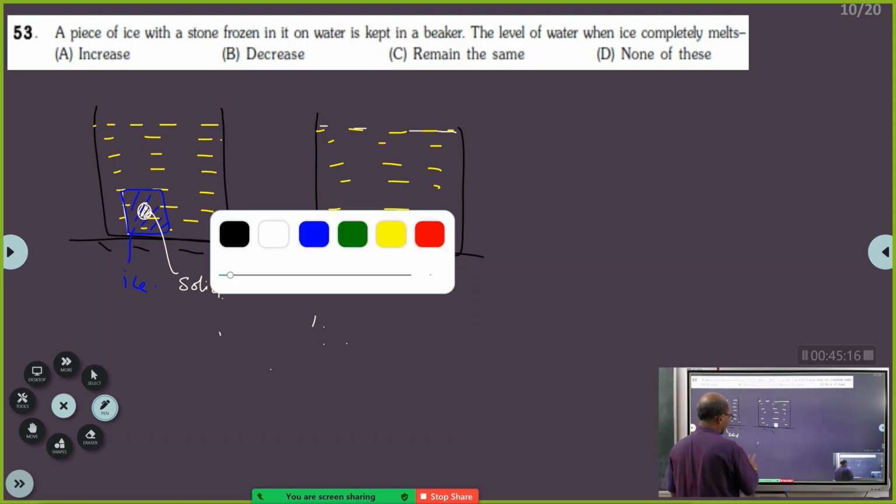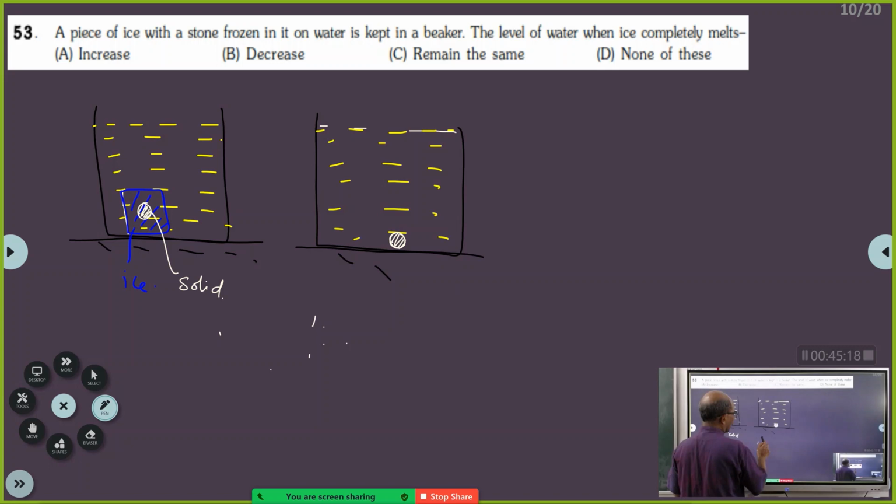So if I am to understand this problem, I will now separate these two things out. So what I have basically done is, I have taken the ice part and the solid part separated to begin with. But the volume of the ice is the same. Whatever ice volume is there, the same volume I have taken here. So this was the construct, and now this ice is going to melt.